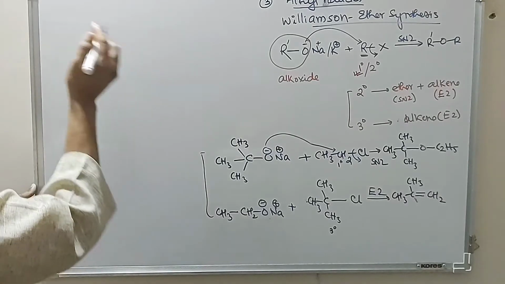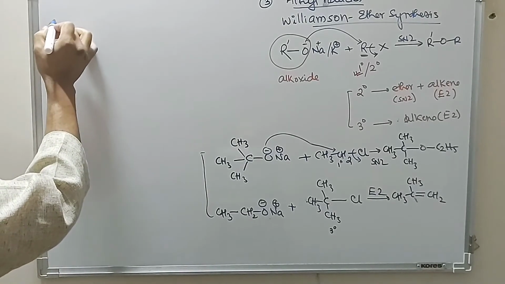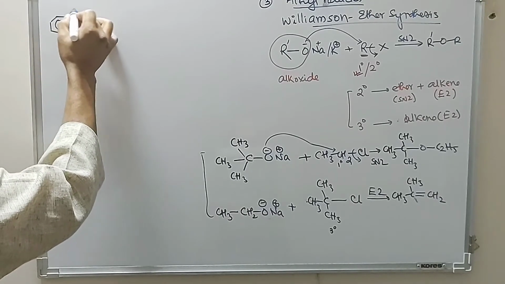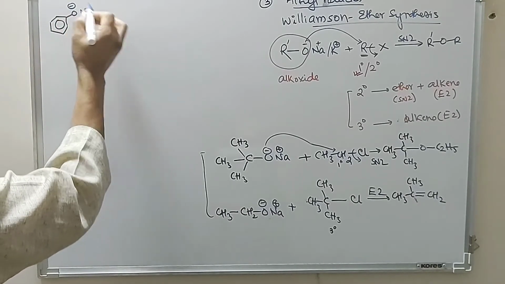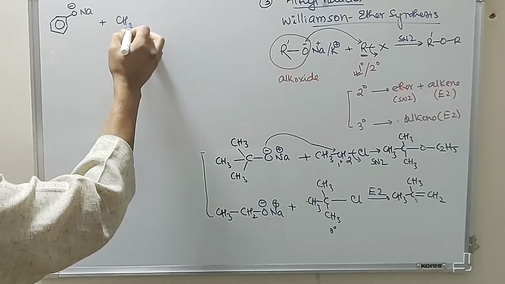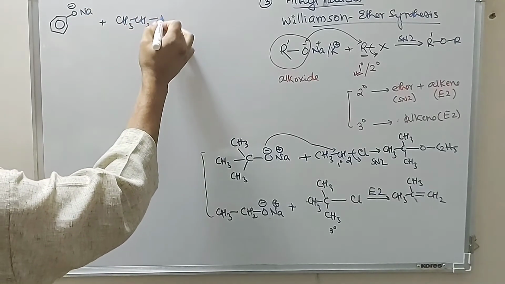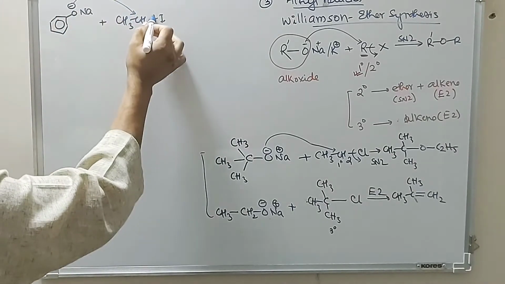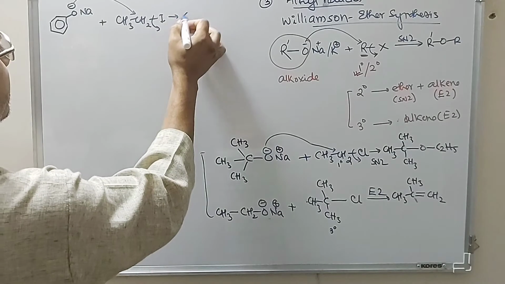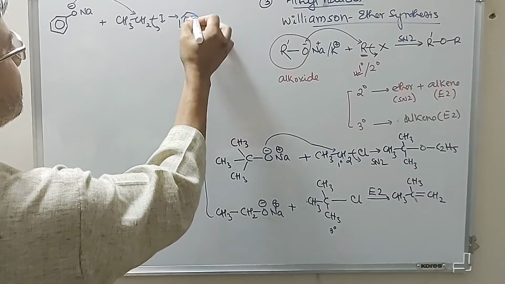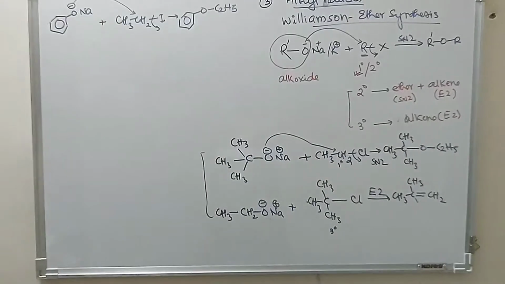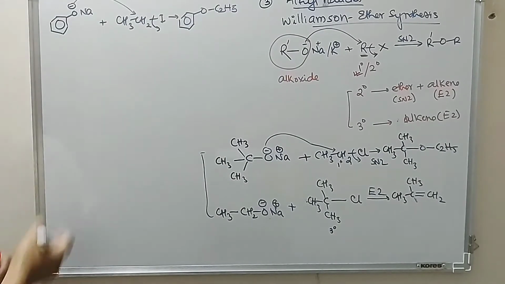Look at this, if we use this phenoxide ion, O minus Na plus, with CH3CH2I, then this will attack this carbon, and I minus leaves, this will give you aryl alkyl ether, aryl alkyl ethers.